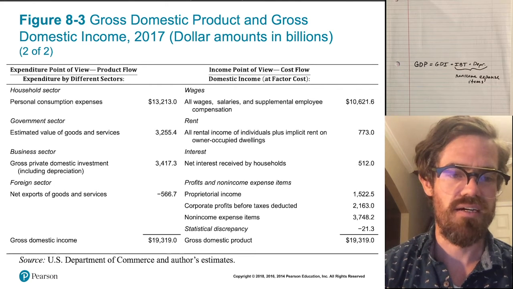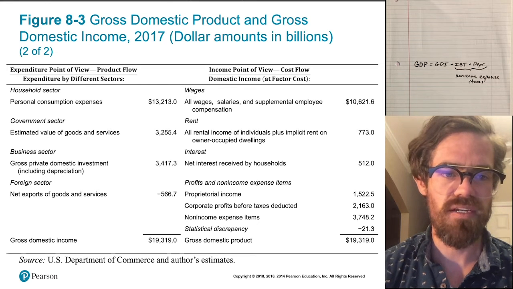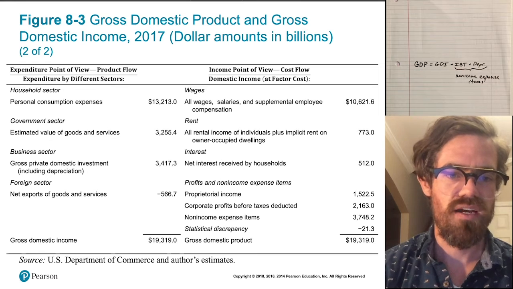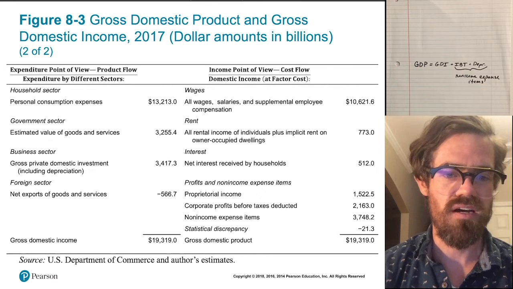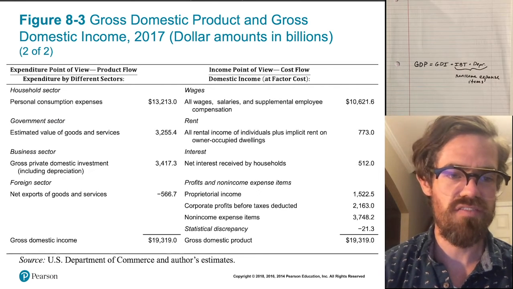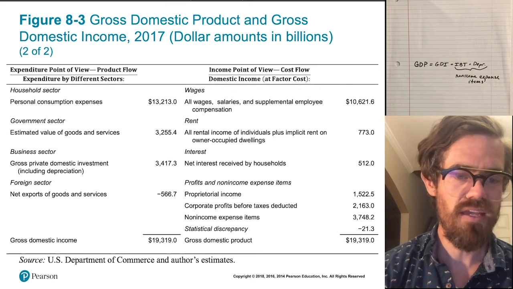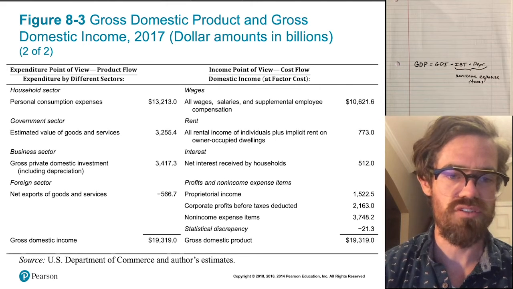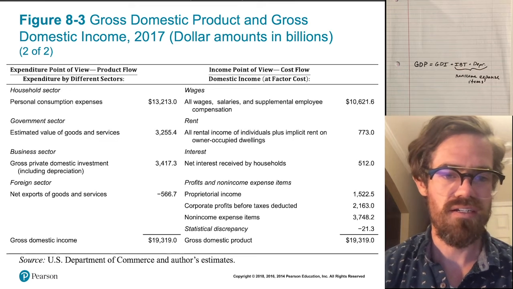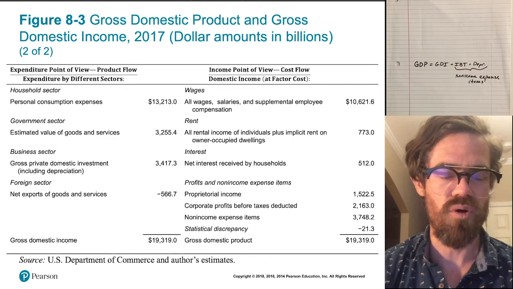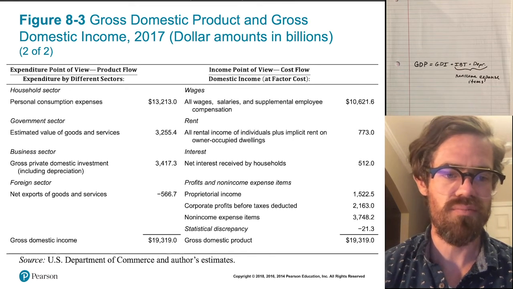We've got $3.2 billion in government expenditures. We've got $3.4 billion in business investment, including depreciation. So that's gross investment, including expenditures on repairing old buildings and old machinery.